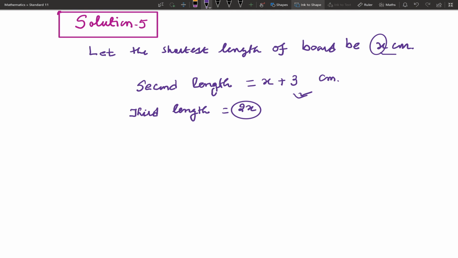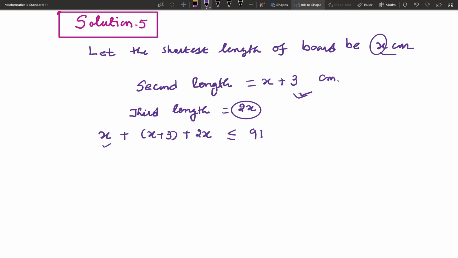So its sum x plus x plus 3 plus 2x must be less than or equal to 91 centimeter. So the sum of these 3 sides must be less than or equal to 91.